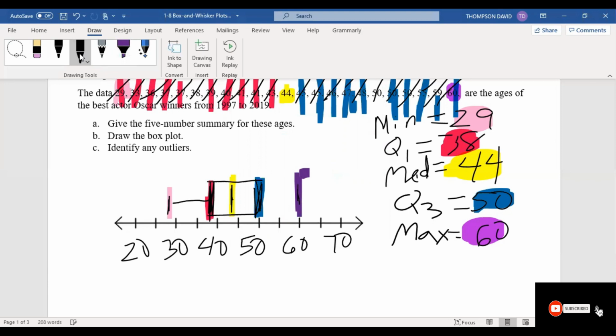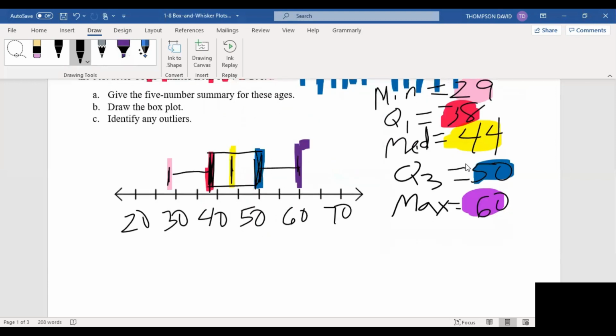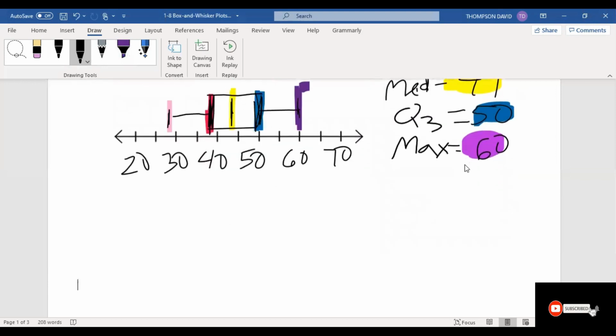And we'll connect it with whiskers. So there's our box plot. The last part is just find any outliers.